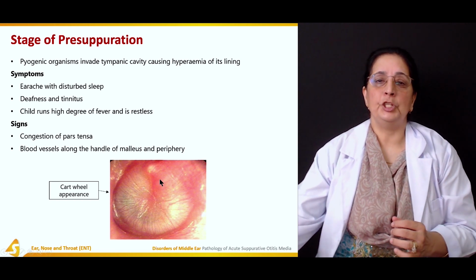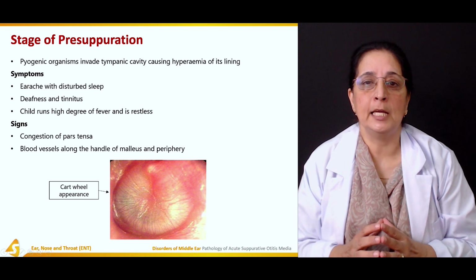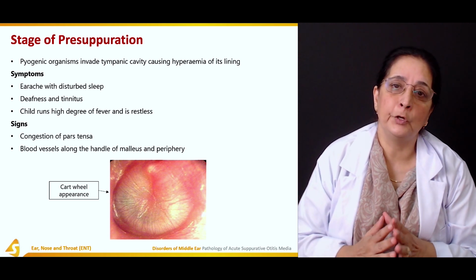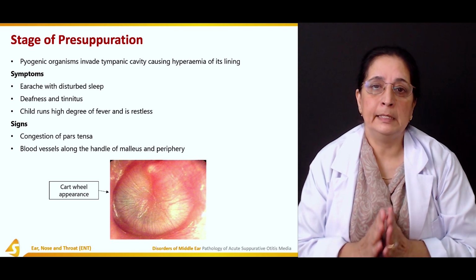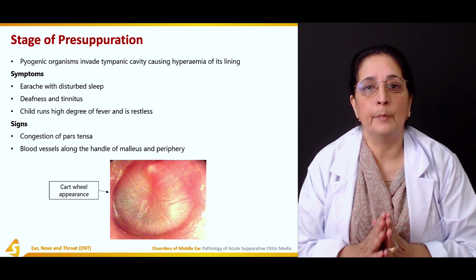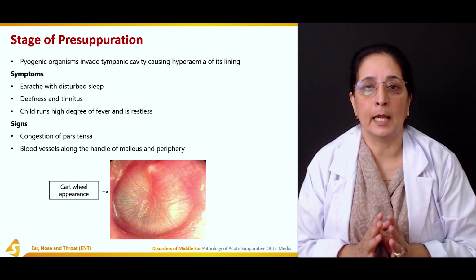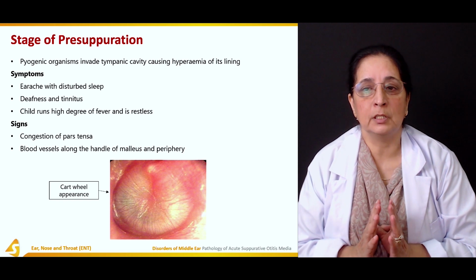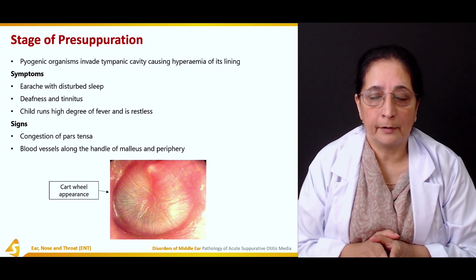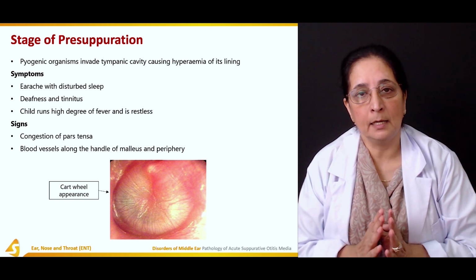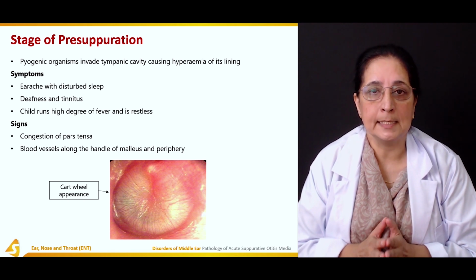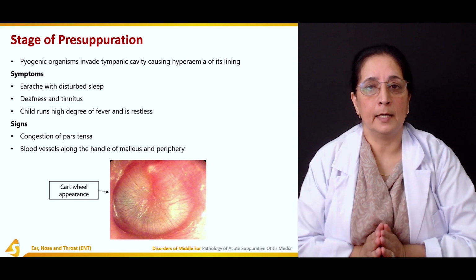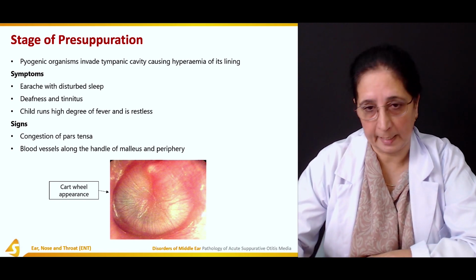So all these changes can occur in the stage before the suppuration, which is known as the pre-suppurative phase. With the invasion of pyogenic microorganisms, there is hyperemia, increased secretions, reddening, and there is pain, fever, tinnitus, deafness, and all these changes can occur in the pre-suppurative phase.